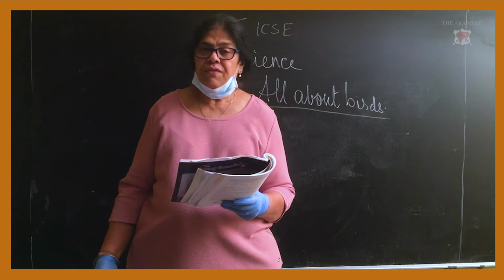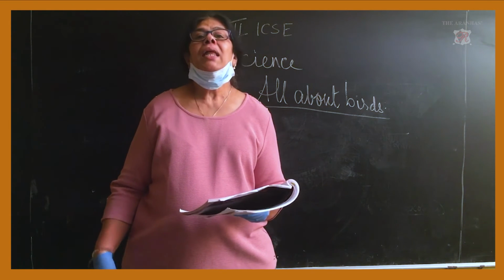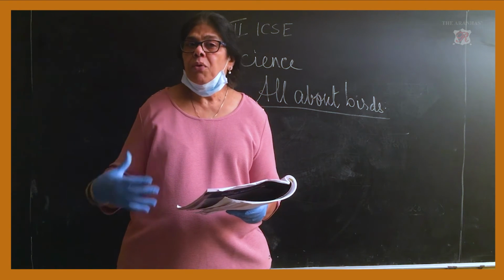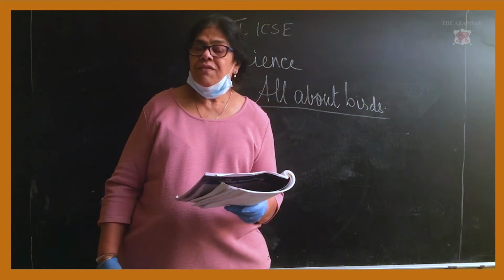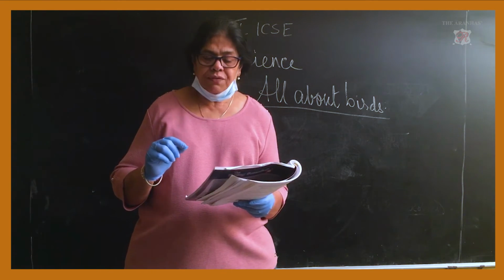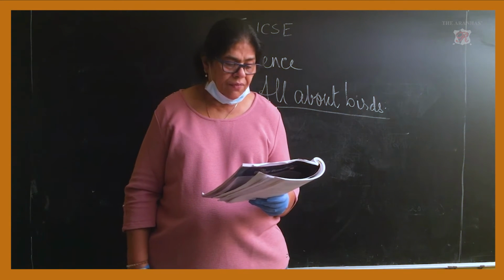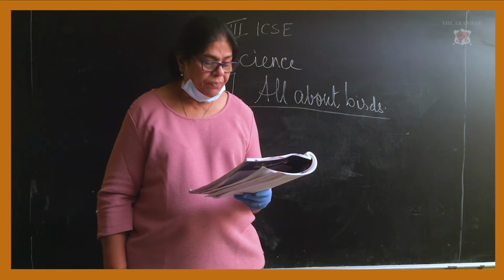Remember children, flight feathers are in the tail and wings and help the bird to fly. The down feathers are on the body and keep the bird warm. And the body feathers are small bushy feathers which cover the rest of the body and give it a shape.